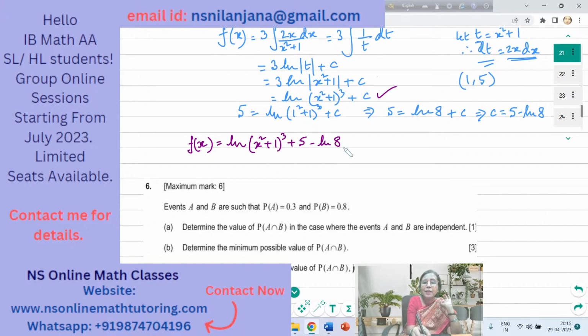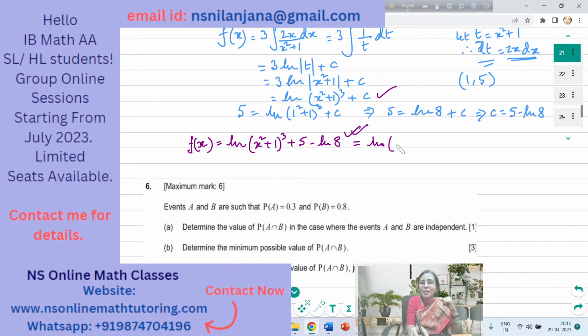If you write this answer, it is perfectly correct. And now I am coming to some more simplification. This is not mandatory. If you give this answer, you will be getting full marks. But if you want, you can give a little more sophisticated answer.